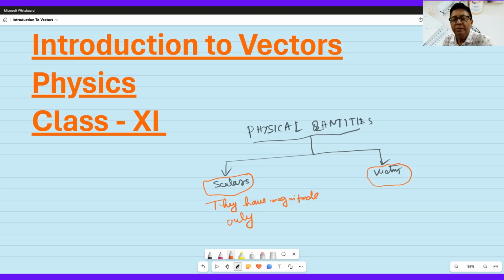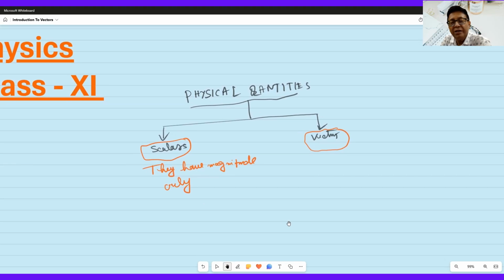For example, if we want to measure the length of this board where I am writing, that measurement is a scalar quantity. So, measuring length, mass, even when you are adding two scalar quantities, the addition of two scalar quantities will be a scalar quantity only.